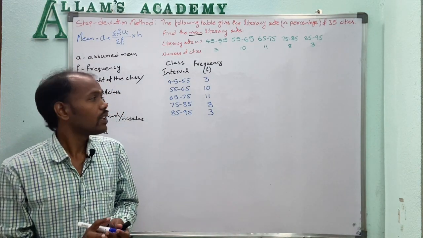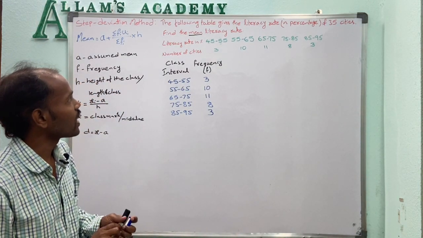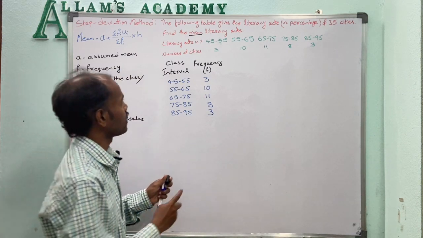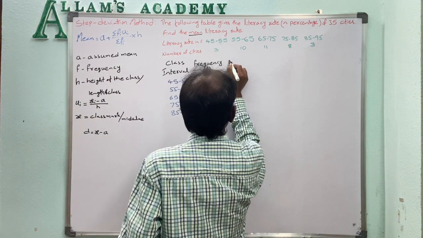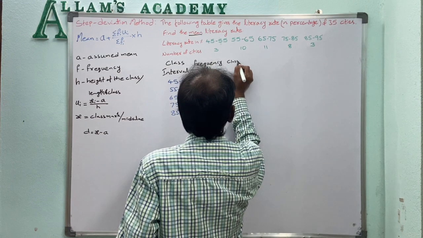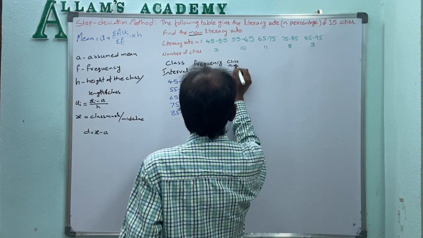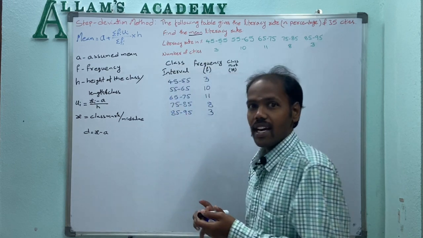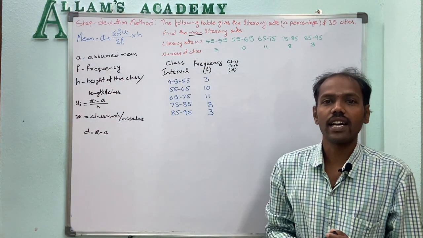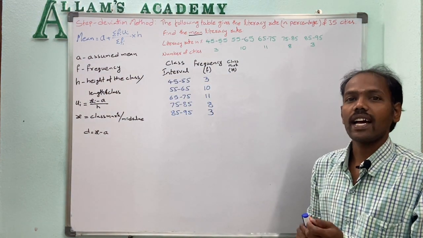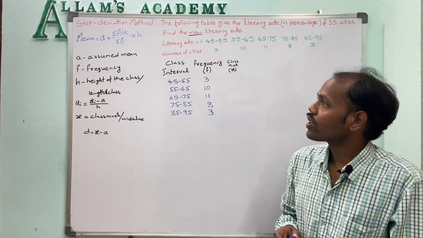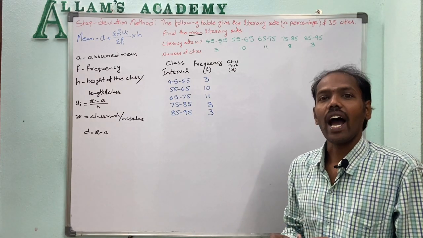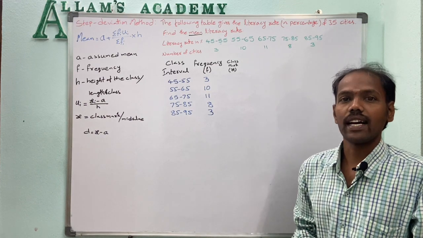Now we find the class mark, that is x. For a class interval, the average of the lower and upper limits is taken as class mark.